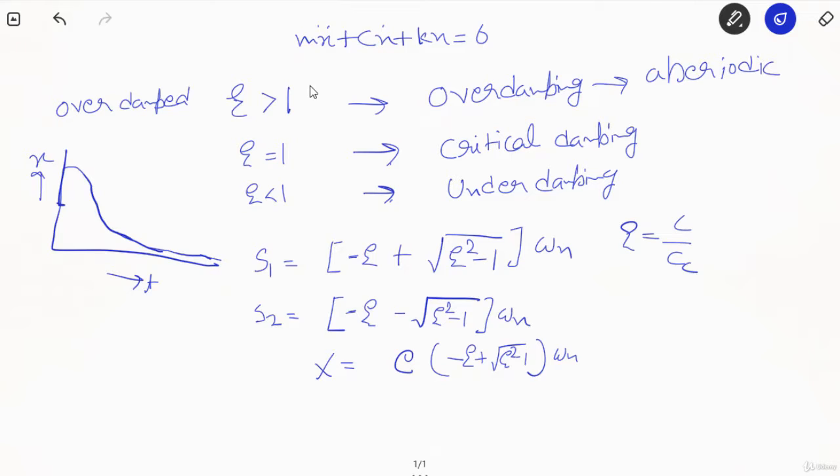For this lecture, we will limit our discussion up to critical damping. As I explained earlier, critical damping is xi equal to 1. Since xi is equal to 1, if we look at the solution, it has the same exponential manner and does not decay completely. So this infinite-time behavior is also associated with critical damping, right?